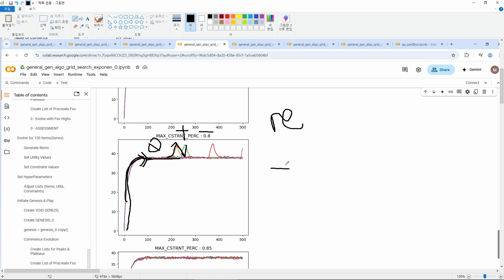So the slope is plus first, and then approximately 0, and then it's a plus again, and then it's minus for this bit, and then it's 0. So this is a plateau.